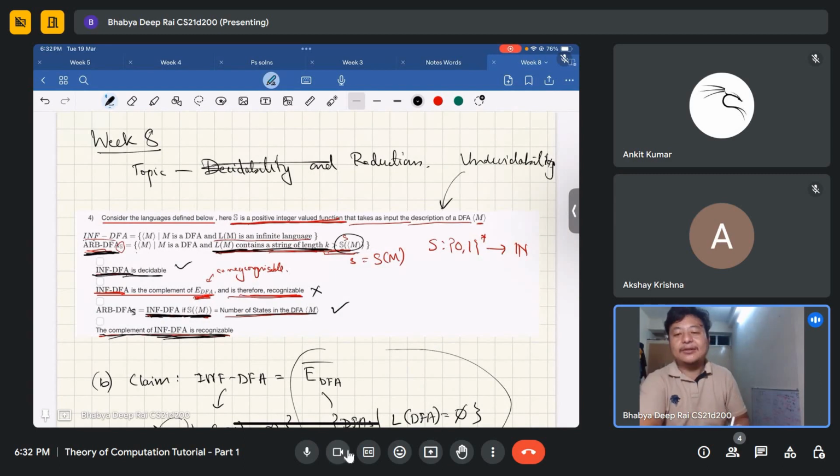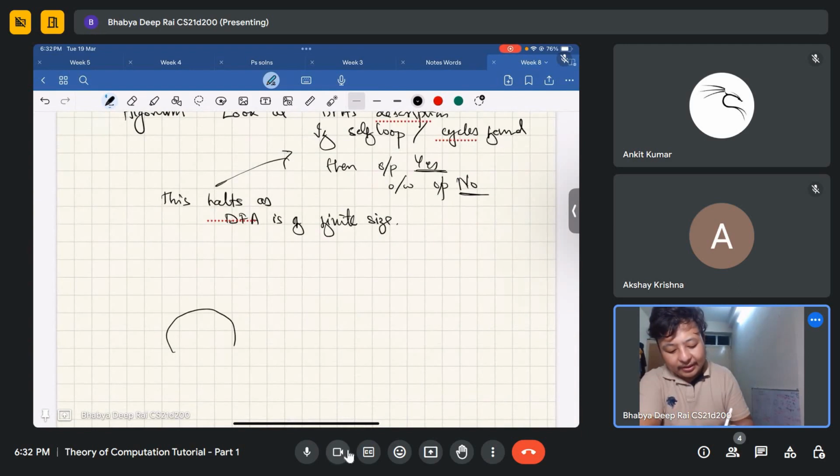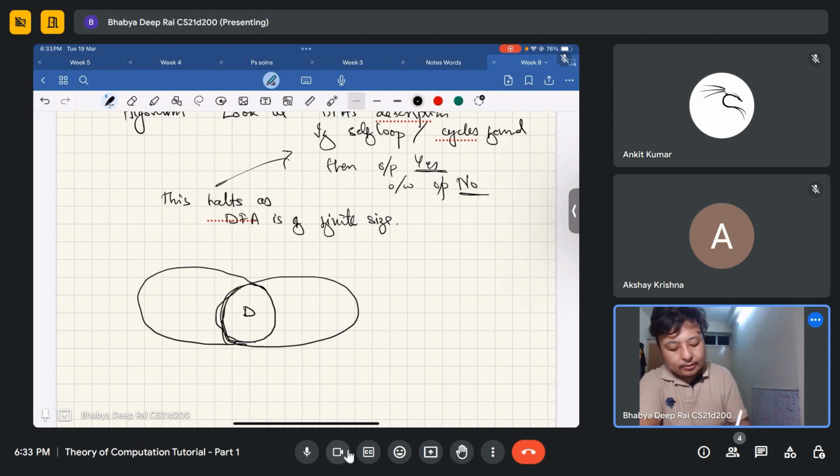Complement of infinite DFA is recognizable. Now here, let me do a small recap. If this is decidable, it is contained in recognizable and co-recognizable.